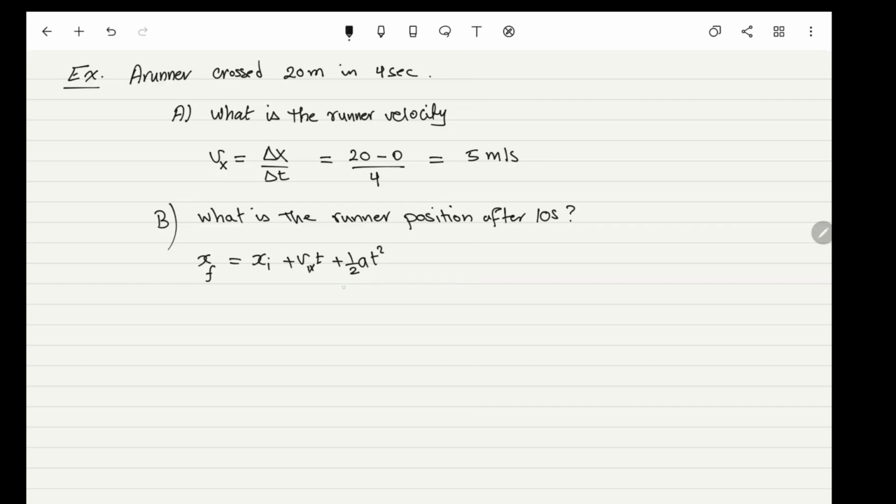Since the runner is moving at a constant rate, the acceleration is equal to 0. So x final equals the initial position, which is 0, plus the velocity we just calculated in the previous part, 5 multiplied by 10, so it's equal to 50 meters.